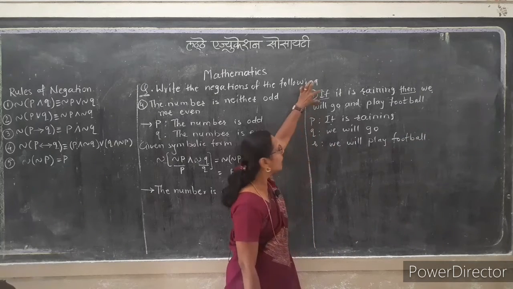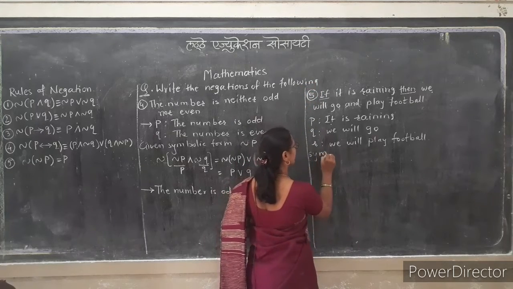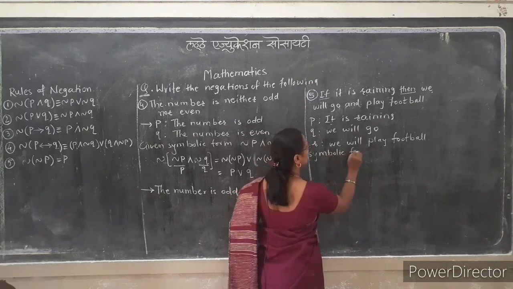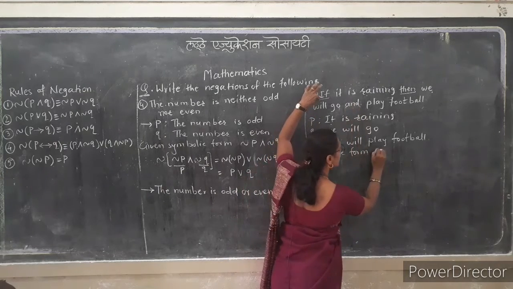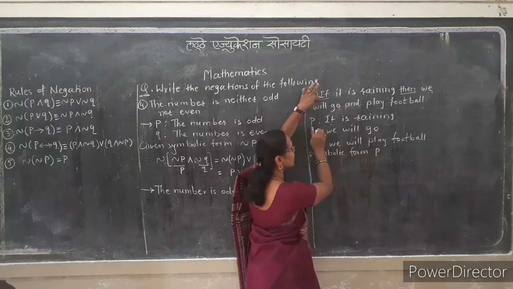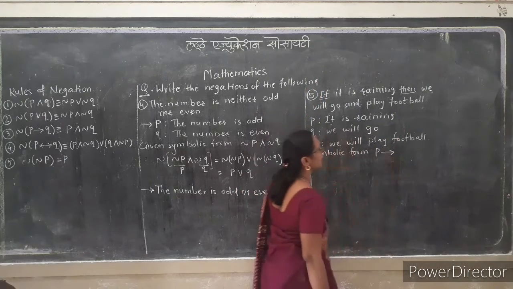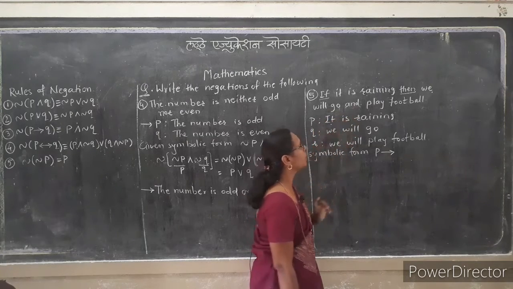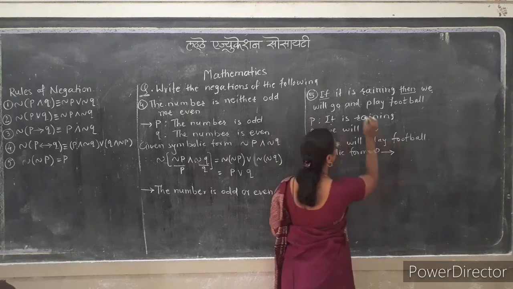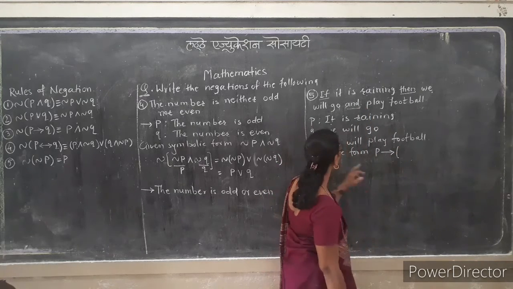Therefore, the given statement in symbolic form: if it is raining means 'it is raining' is statement P. Then we use implication. Then we will go and play football. Here the connective is again 'and'.